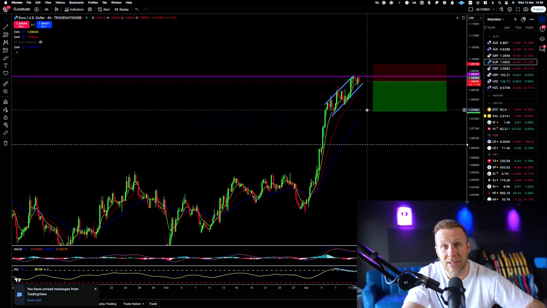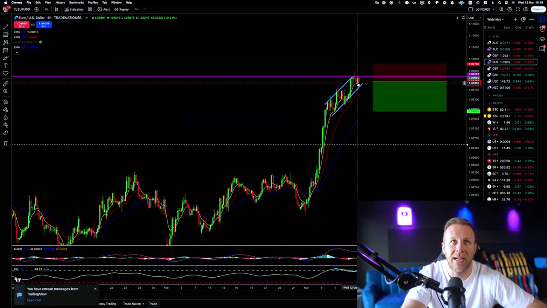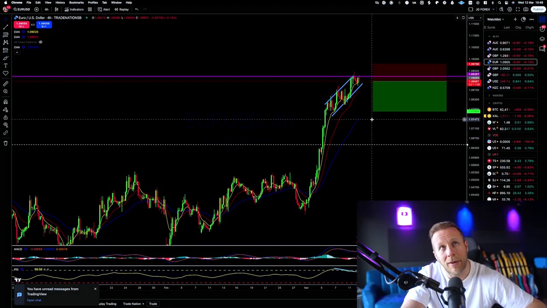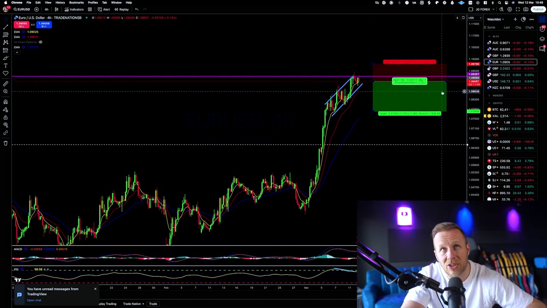These typically play out pretty quick, so I wouldn't expect targets to take more than 2 days to be hit. Tomorrow's probably where you'd be looking to get out of this, if not today. Tomorrow, worst case, and you usually see a quick roll off, and then the market continues to consolidate for a bit, and you're out of the trade, so you don't care.